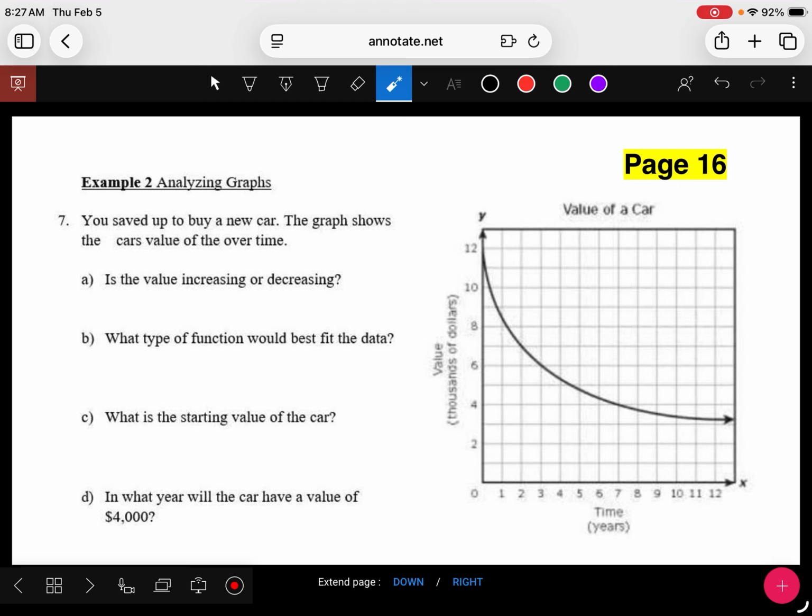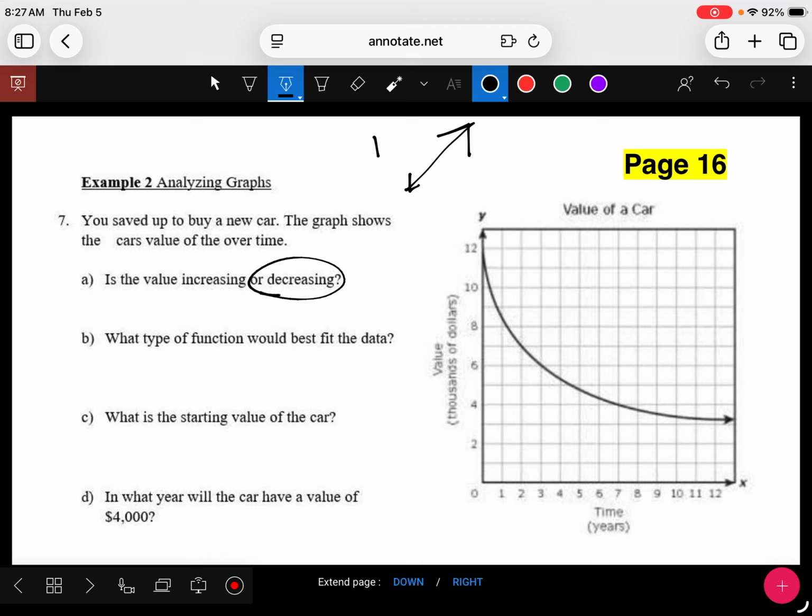And when you look at it, everybody look at the screen, what is my red dot doing? Is it going up or down? Down. So that tells me this is a decreasing function, which means it is a decay graph, exponential decay. We know it's not linear because if it was linear, the line would be straight.